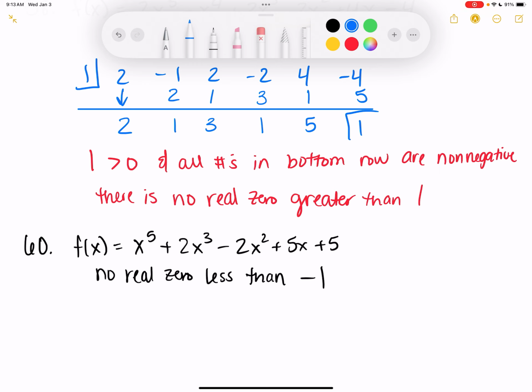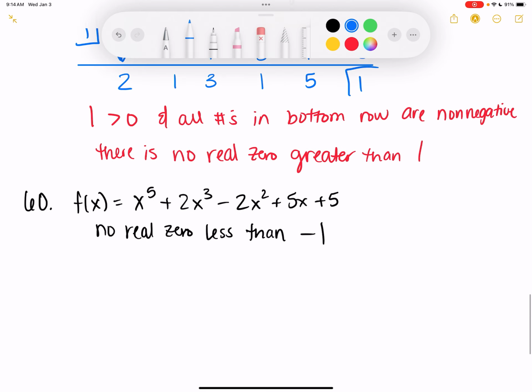So in this situation, according to the boundedness theorem, in that bottom row what we should see is alternating positive and negative values. So it should be like positive, negative, and so on. Or there can be a 0 in there as well, and a 0 counts as whatever sign we were looking for in that spot. So negative 1.